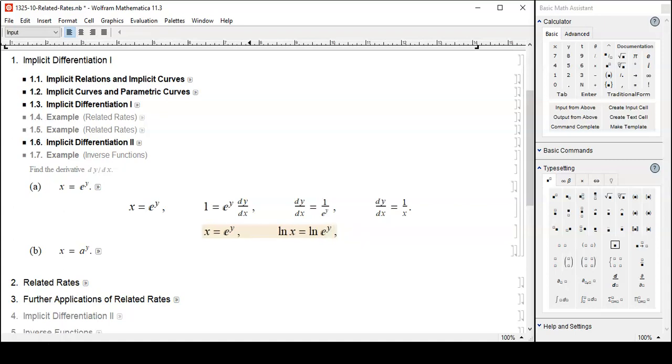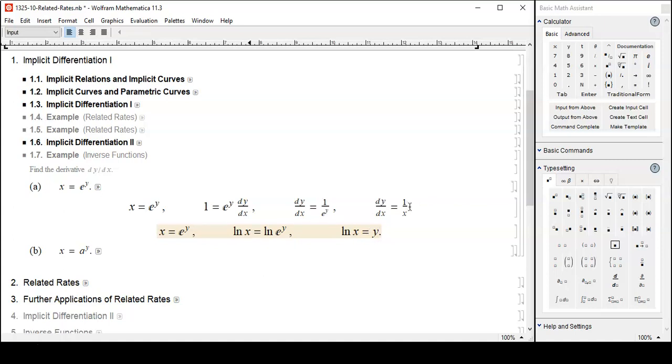Now left-hand side, log of x. And the right-hand side, log and exponential cancel each other out, so we have just y. And what do we have? y is log of x, which is equivalent to x equal to e to the y power. You see, inverse function came out.